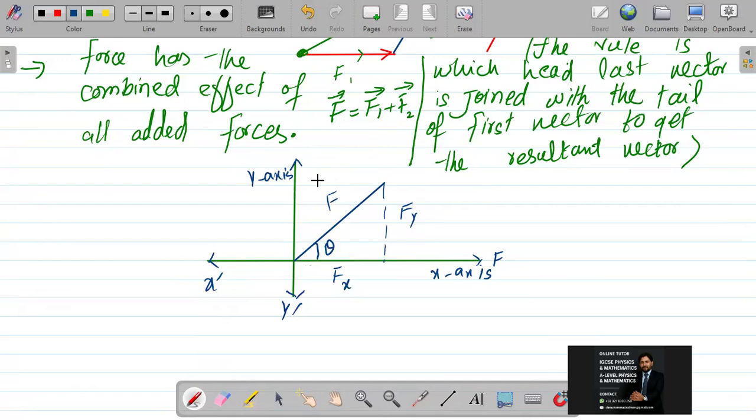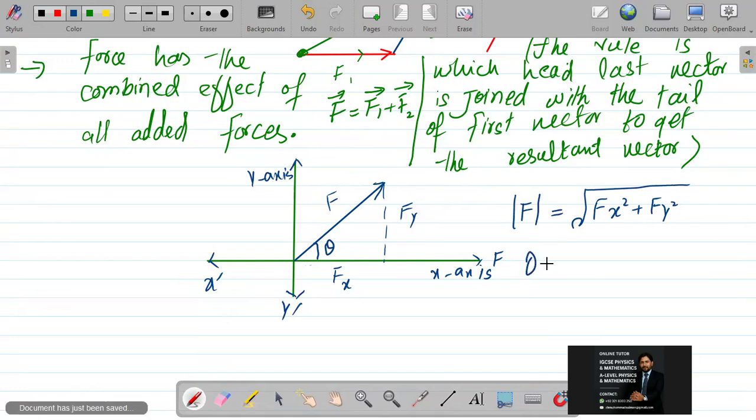If I take the resultant of this force into its main force, I want to take the force in its magnitude form, then the magnitude of the force will equal the square root of Fx square plus Fy square. If I want the direction of the force, it is tan inverse of Fy over Fx.